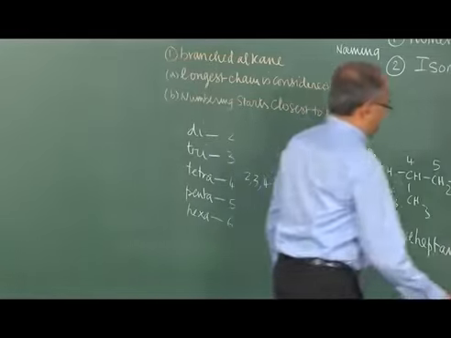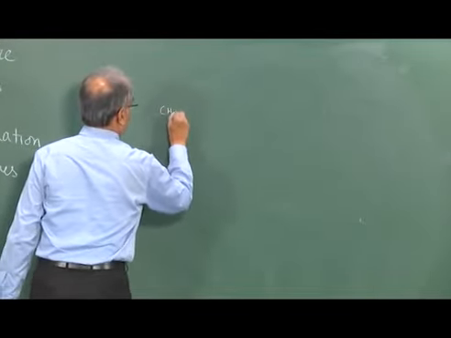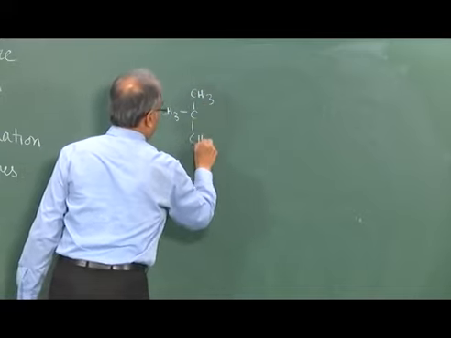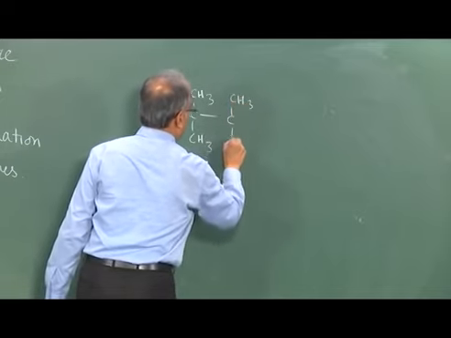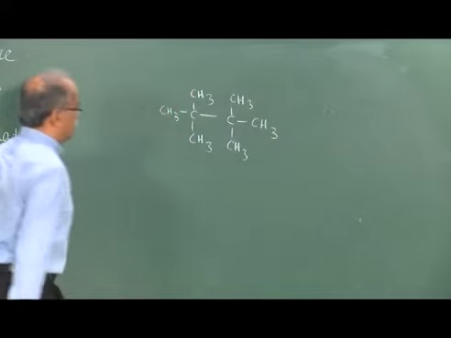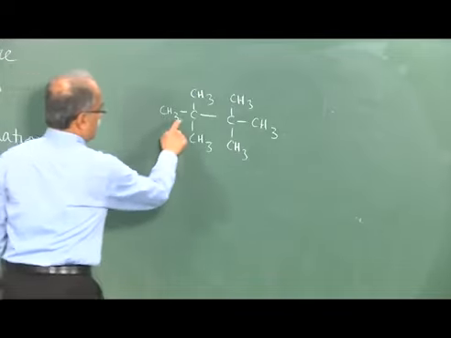So, if you were to name this particular compound, let us consider this simple molecule. The systematic nomenclature would be: the longest chain is a C4 chain, 1, 2, 3, 4.